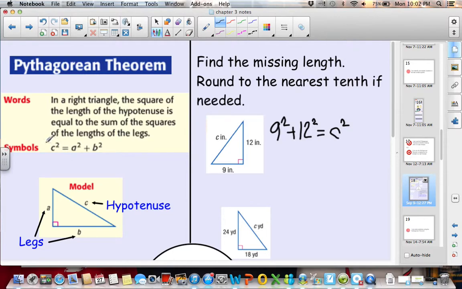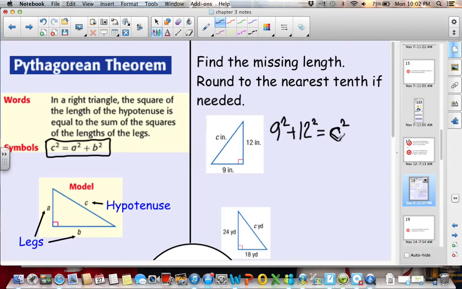This, by the way, is our formula for the Pythagorean theorem: a squared plus b squared equals c squared. It helps us find any missing side as long as we're given two of the side lengths.